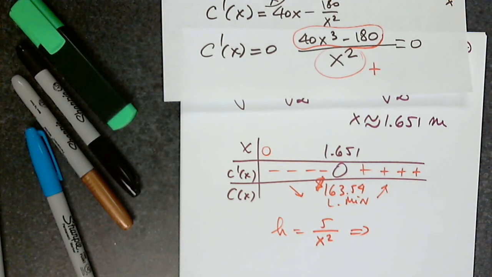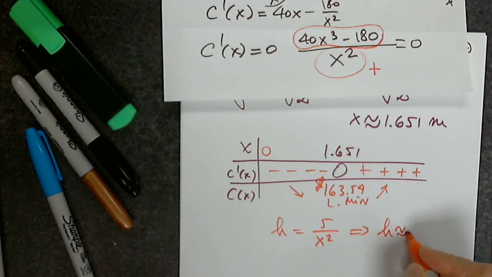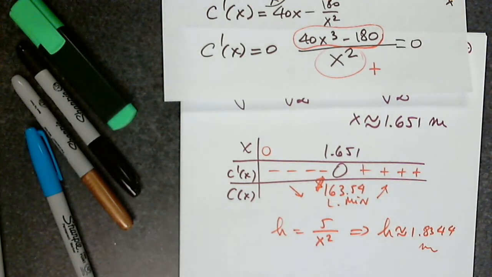So I get the answer again, the previous one. And then I want 5 divided by the previous answer squared. And that's the height of the box, which is 1.8344. So h approximately 1.8344 meters.